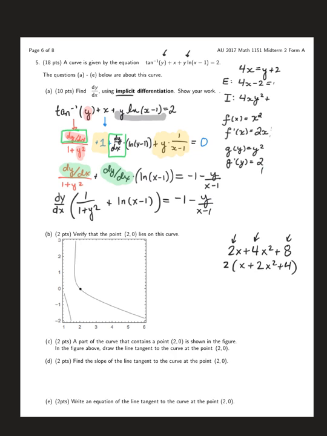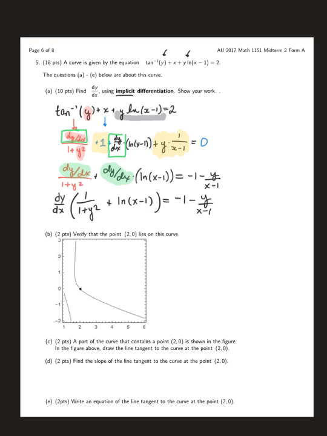I'm going to create some more space for myself. Okay. Now I'm just about done. I'm going to divide both sides now to isolate the dy dx. That leaves me with dy dx equals negative 1 minus y over x minus 1, over the quantity 1 over 1 plus y squared plus natural log of x minus 1.